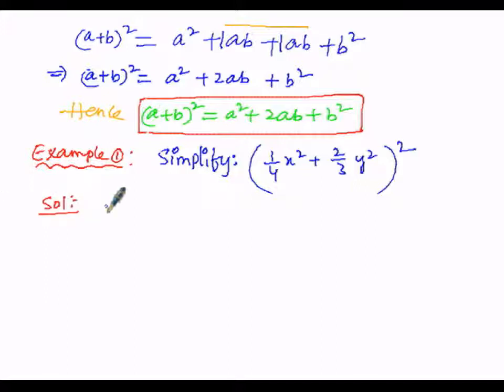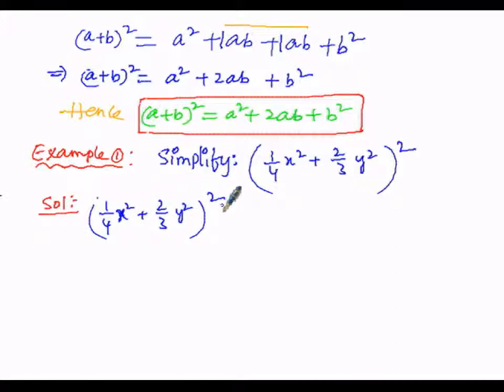So here 1 by 4x square plus 2 by 3 y square is given for us, whole to the power of 2. Here this is similar to the identity A plus B whole square. So in the place of A, there is the first term, that is 1 by 4x square, and similarly B replaced by 2 by 3 y square. So here that is whole square.